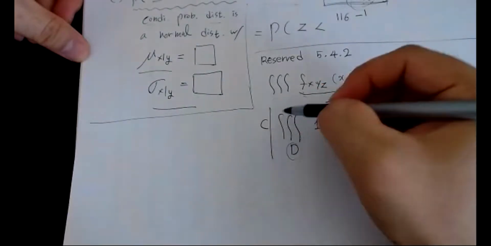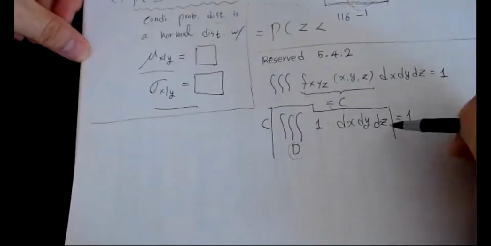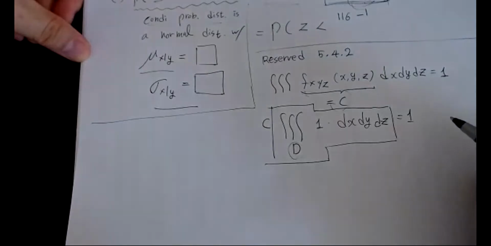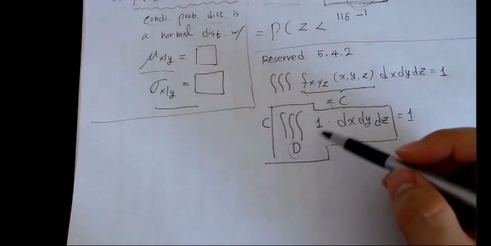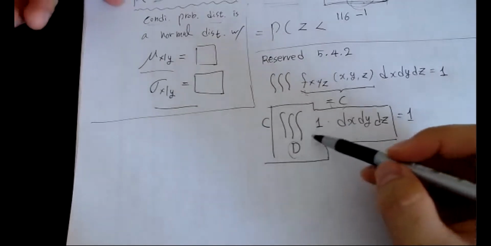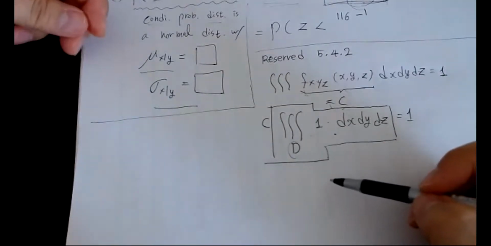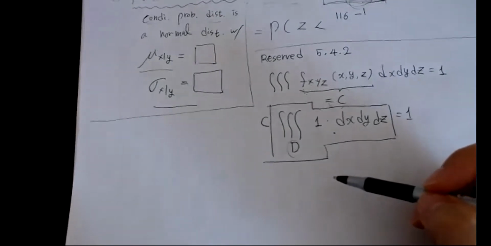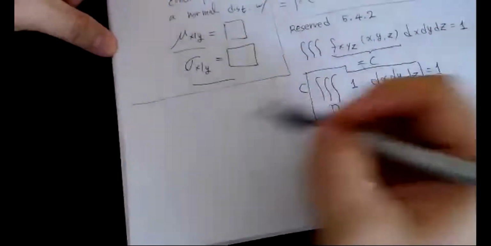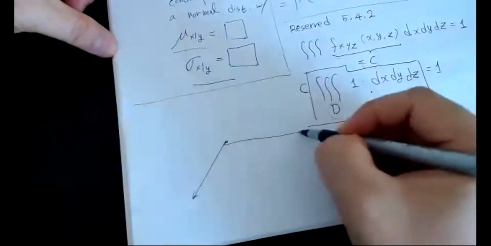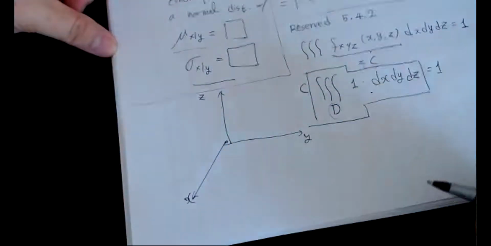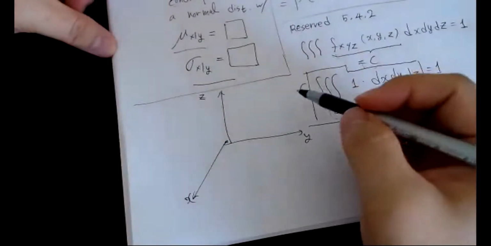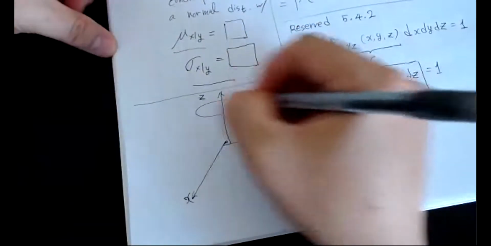If you took calculus 3, you know that the triple integral of 1 is equal to the volume of the domain. What's the domain? The volume is a cylinder. The problem says a cylinder right here.